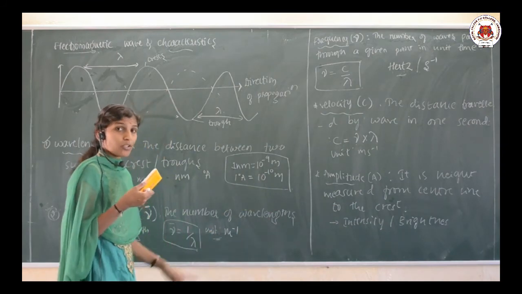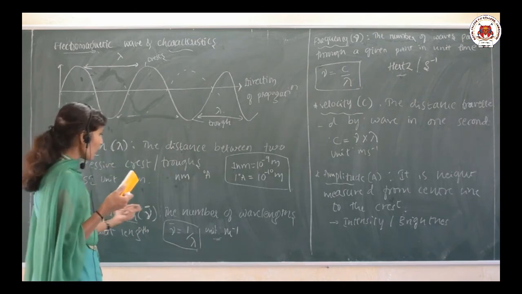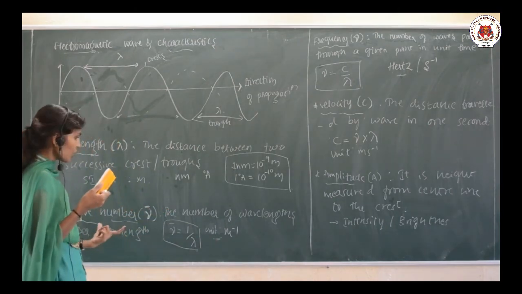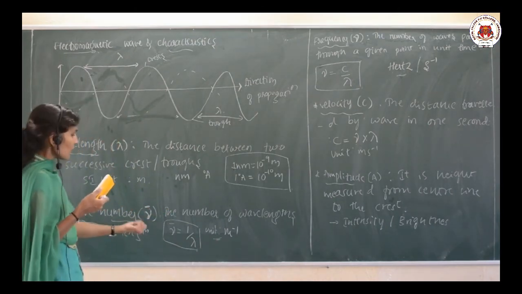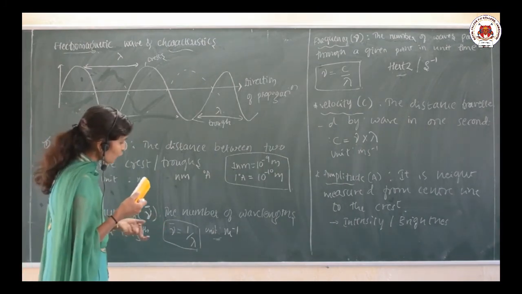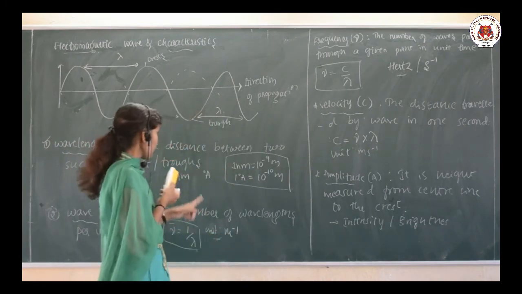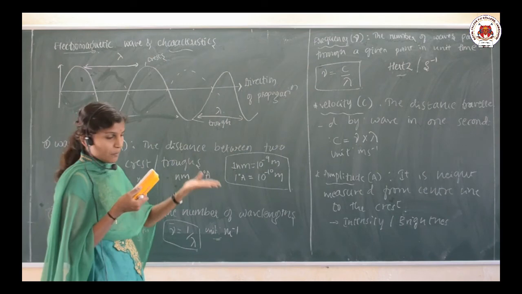For the numericals you need to remember this. Wave number is the number of wavelengths per unit length, that is the reciprocal of the wavelength. Nu bar is equal to 1 by lambda, its unit is per meter, and since wavelength is in meter, its reciprocal is per meter.